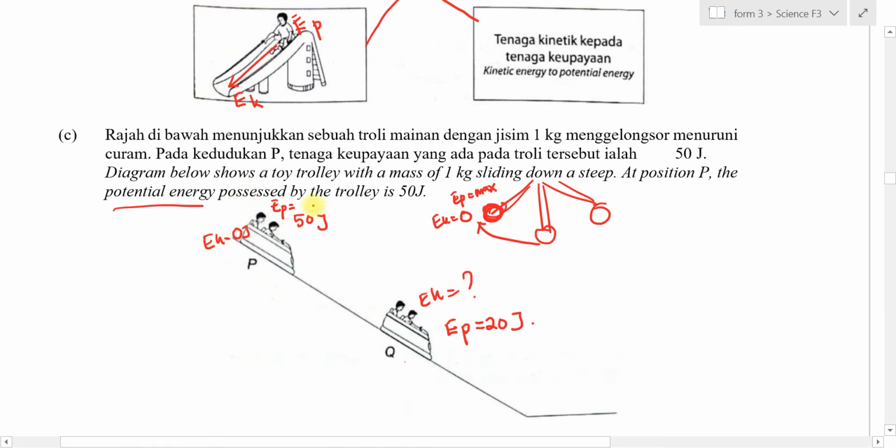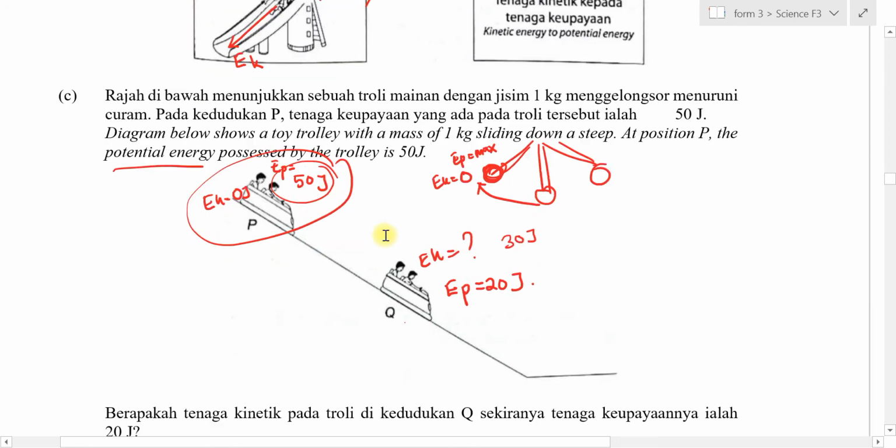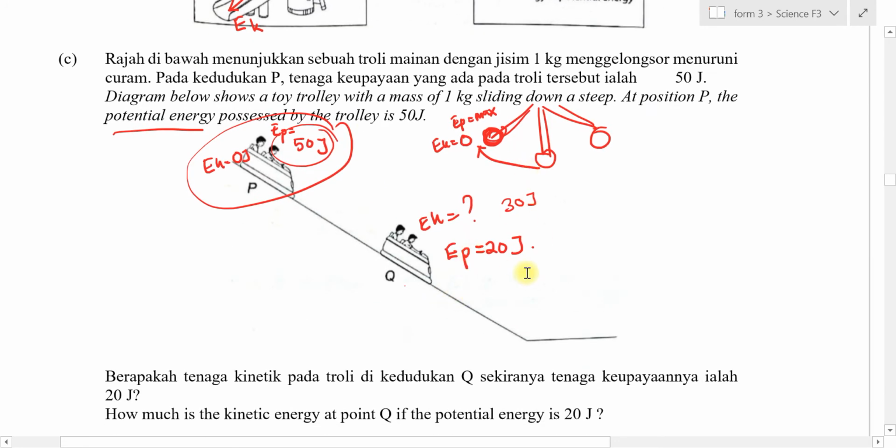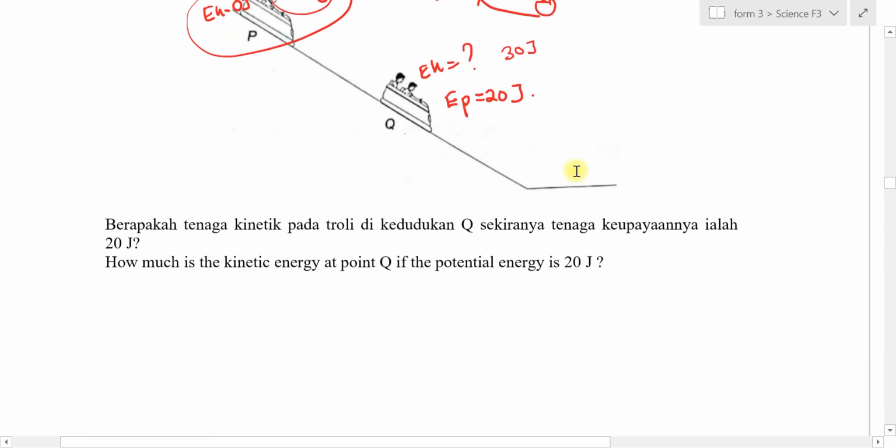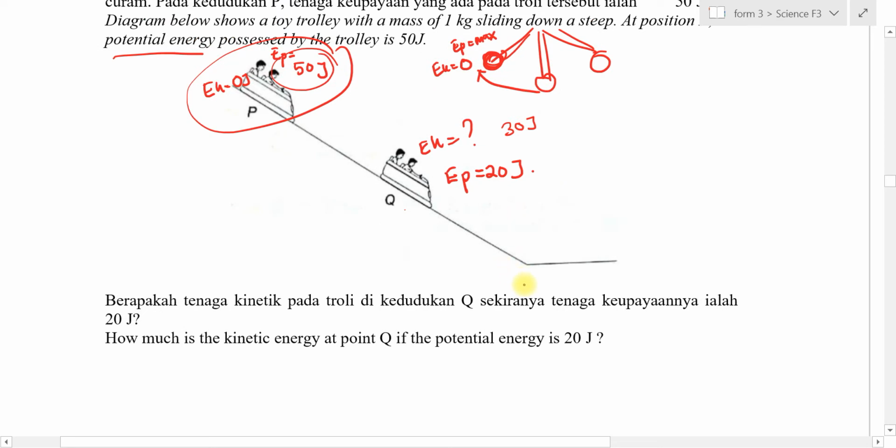So when coming here, it totally makes up to 50 joule. So if here the potential is 20, your kinetic energy should be 30 joule. Make up the 50 joule again. Okay, part of the potential energy is being converted to the kinetic energy. Because we know that the total energy cannot be destroyed, cannot be gone like that.